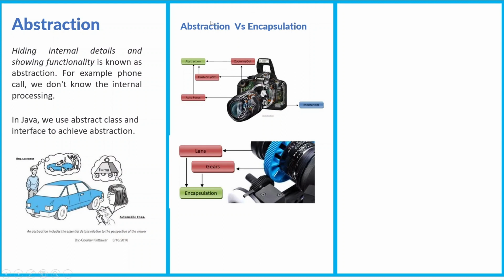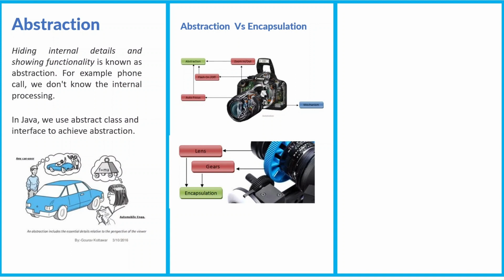And on abstraction versus encapsulation, a lot of people ask, just look at a camera. Abstraction is zoom in, zoom out, flash on, flash off, the autofocus mechanism where you can set a lens, right? But inside, there are a lot of lenses in a camera, and a lot of gears that are hidden, and you just click a few buttons, and it will provide you the functionality that is required.